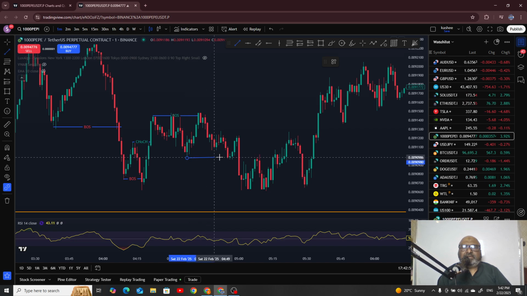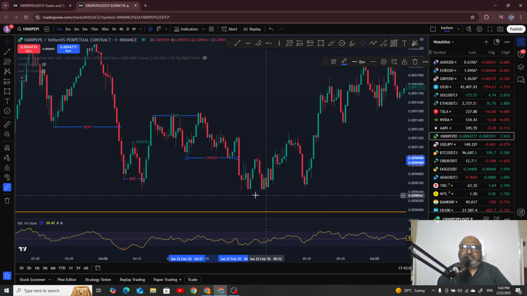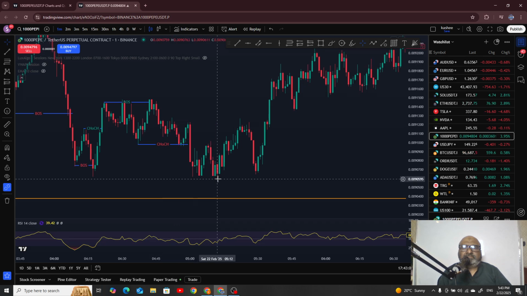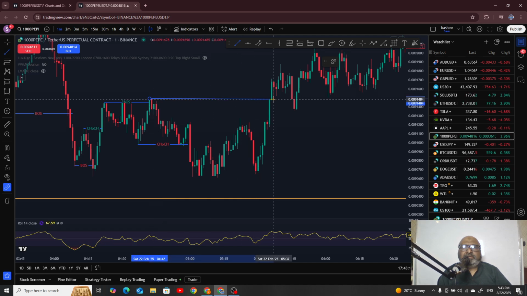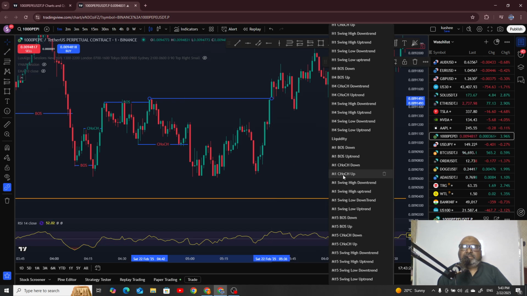Market has again gone to the downtrend. This is M1 change of character towards downside. This is swing high. Now here the market has again changed character in 1 minute time frame.